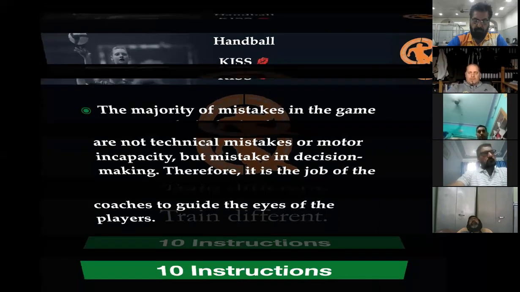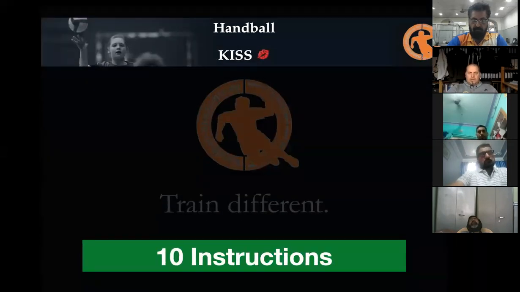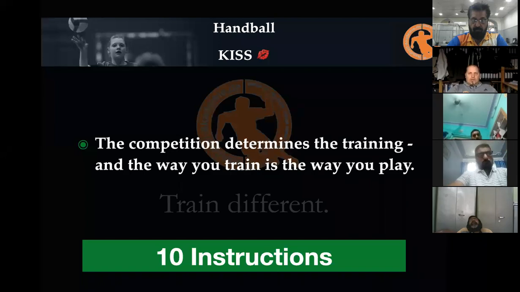And the last of our 10 instructions, it's the relation between competition and training. So on one way, we can say that competition determines the training. This is something which is very good especially for coaches in younger age categories.